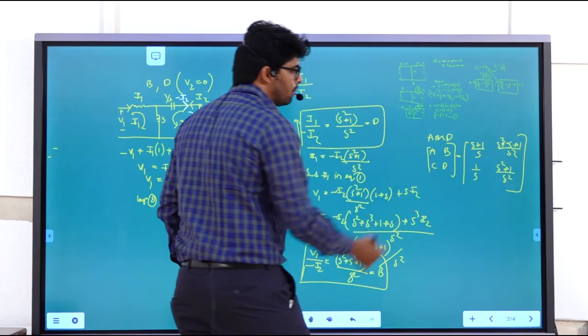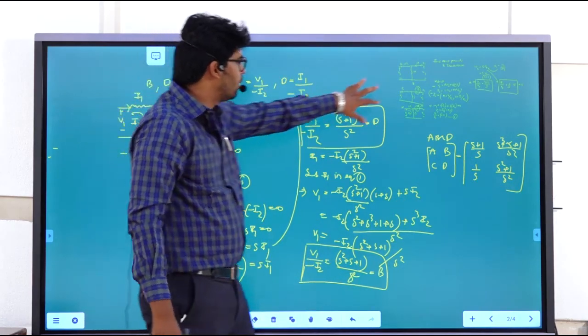This is the ABCD parameters of this T circuit.